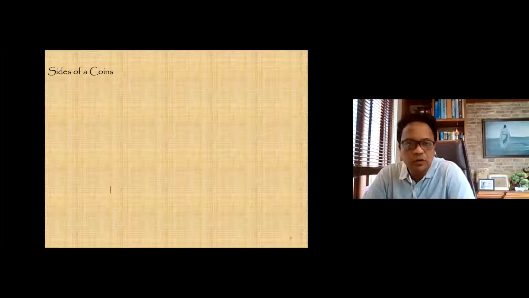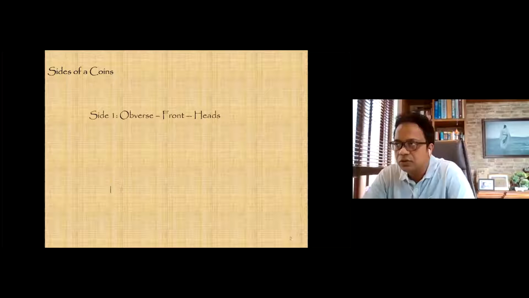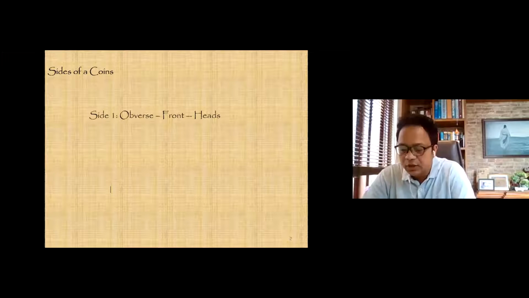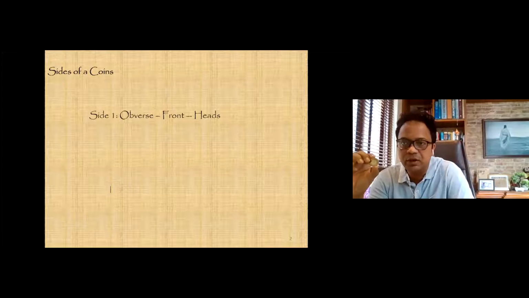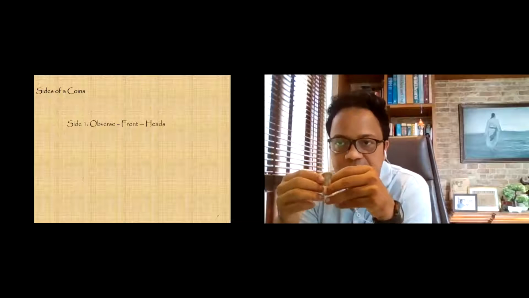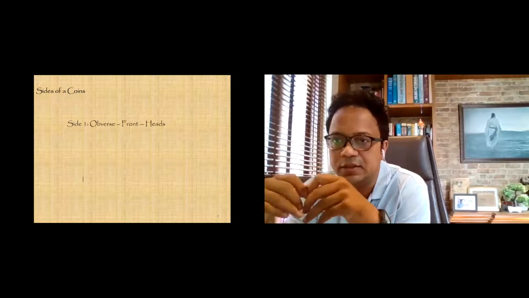When we talk of sides of a coin, the first side is called the obverse, or the front, where you have the head of the king, or in our coins, the Ashokan emblem, right? So that's called the front or the heads when we do heads and tails.